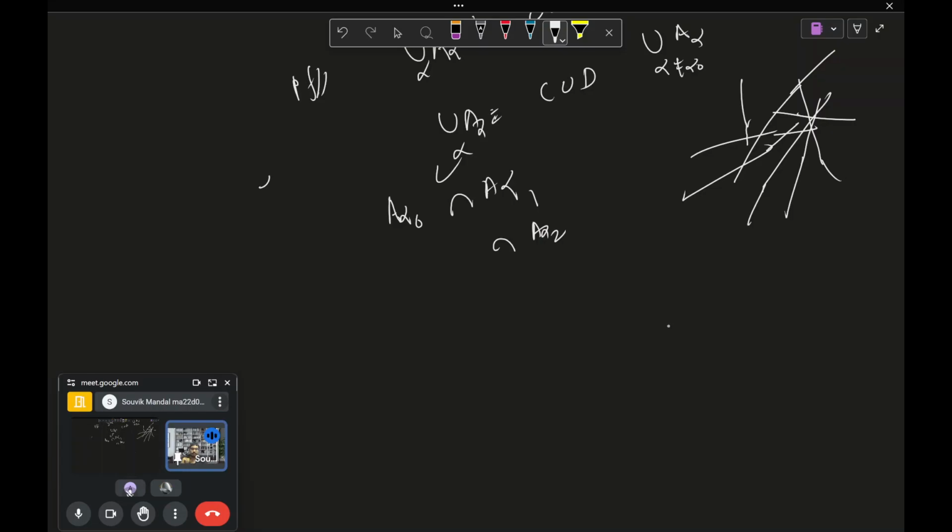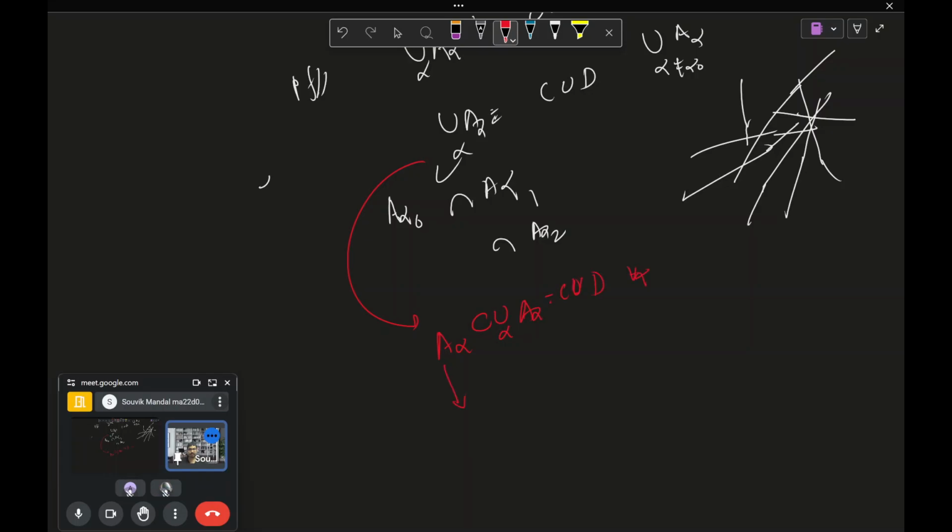Anyway, it can be done also as follows. Let the union of A alpha be disconnected. So the union of A alpha can be written as C union D. Now A alpha is a subset of the union of A alpha, which is C union D. It happens for all alpha.